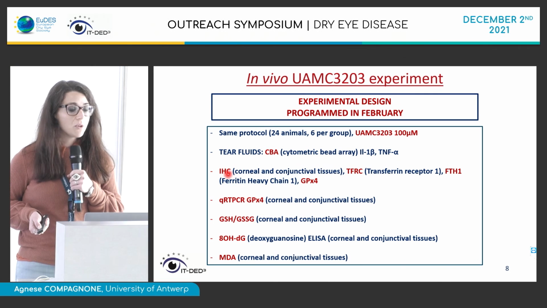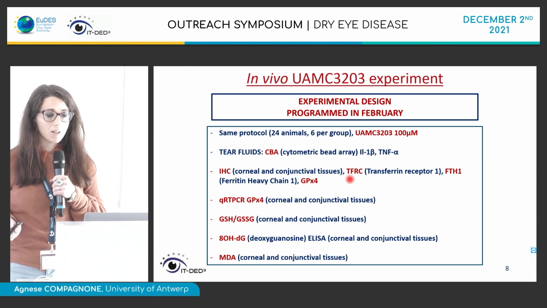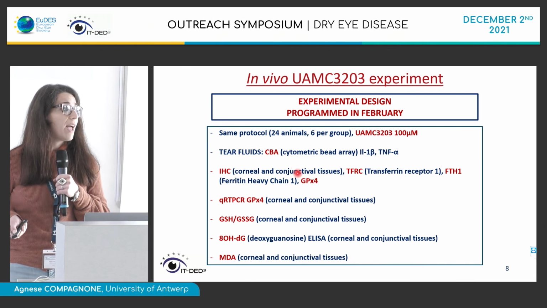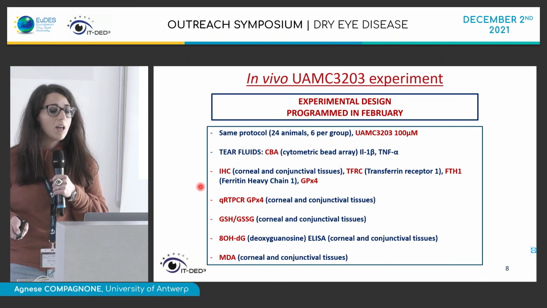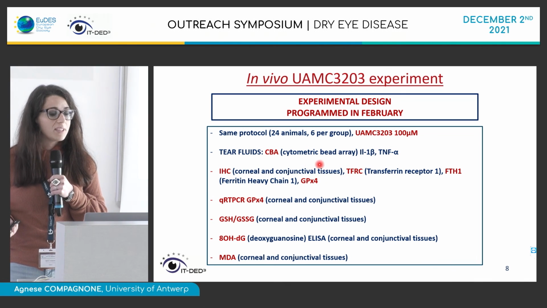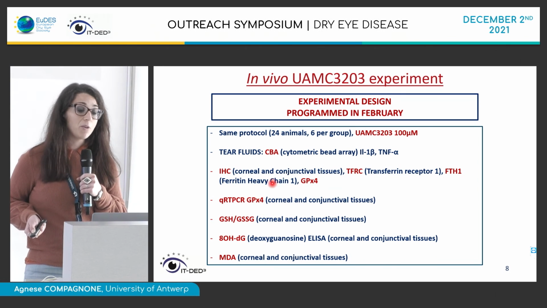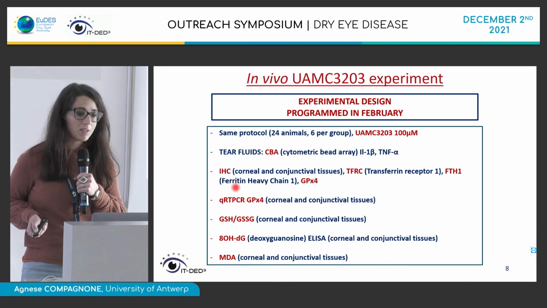Moreover, immunohistochemistry will be conducted in order to check the main genes that are relevant for ferroptosis, and their expression will be evaluated. Glutathione peroxidase is one of the most important biomarkers for ferroptosis, and in fact it will also be evaluated through PCR.